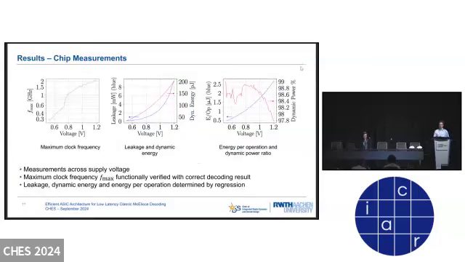Also looking at results of our manufactured test chip, shown on the left is measurement across supply voltage of the maximum clock frequency for which we could verify a correct decoding result. We can see that our test chip indeed can achieve the 2 GHz clock frequency, although at an increased supply voltage compared to simulation results, which we identified to be caused by an IR drop at the beginning of a decoding operation, which was caused by the on-chip clock generator.